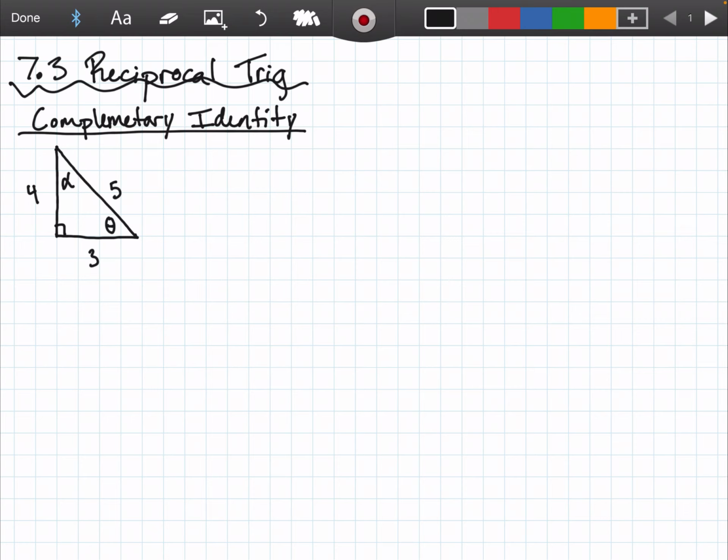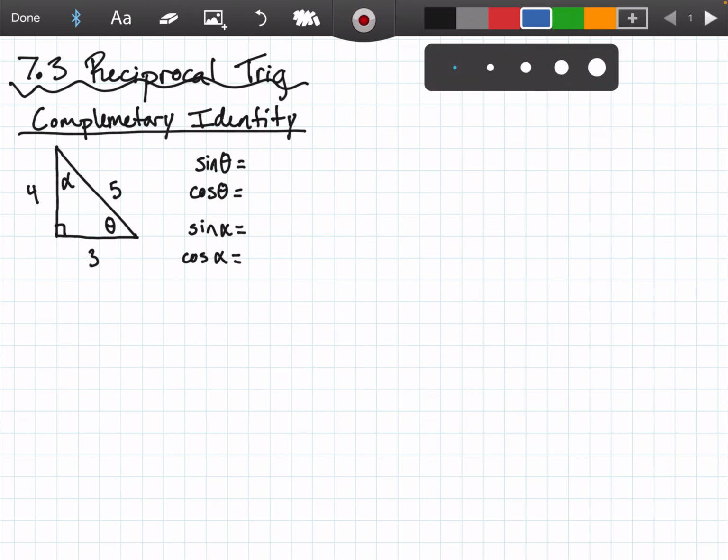Let's call this alpha. So let's find sine theta and cosine theta, and then let's find sine of alpha and then cosine of alpha.